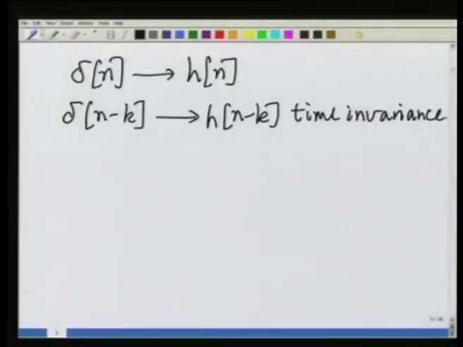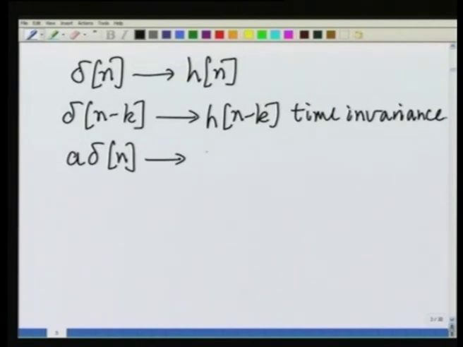Another thing we know about the system is its linearity. So, from the homogeneity aspect of linearity, if instead of delta n I apply a times delta n as the input, the output again cannot be altogether new.